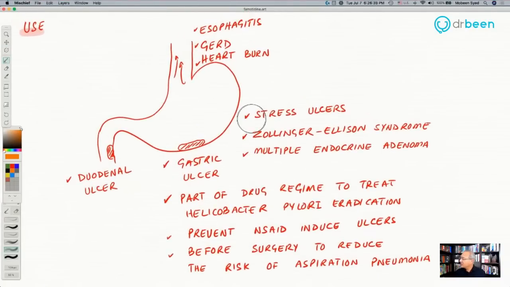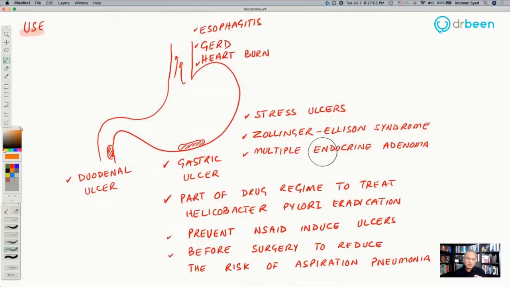Then stress ulcers. Stress ulcers can occur, as I spoke before, because of a person being stressed. That causes vagus stimulation that can cause acid production. Burns can also cause acid production by a similar mechanism. Then Zollinger-Ellison Syndrome, a kind of problem with the stomach.